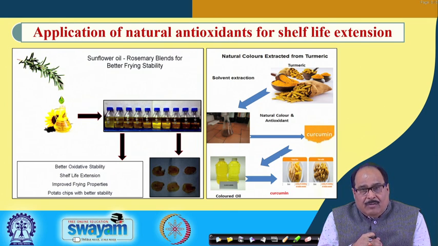Similarly, the natural colors and antioxidants extracted from turmeric, like curcumin, were added into the oil. Experiments were conducted, and it was observed that not only did the curcumins extend the shelf life of the oil, but they also added to the color of the oil, and the products fried in such oils were found to be attractive golden brown in color, which was liked by the sensory panelists.